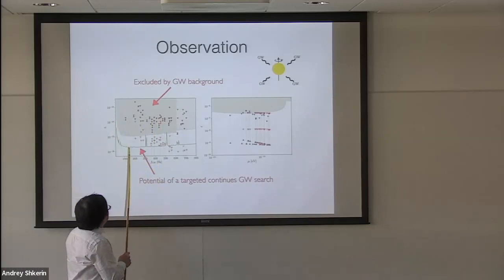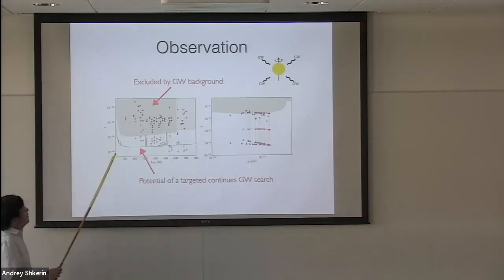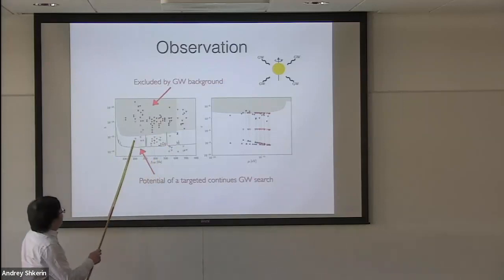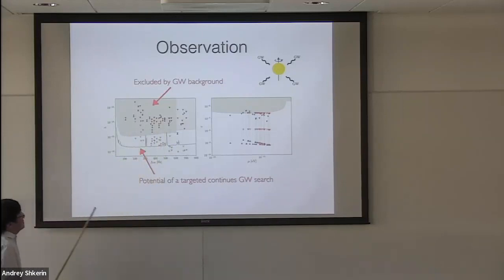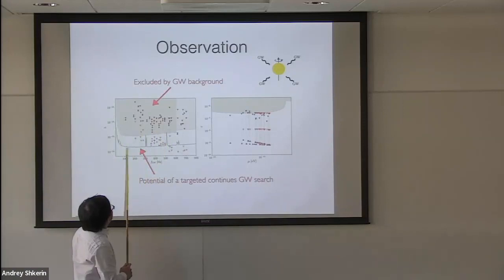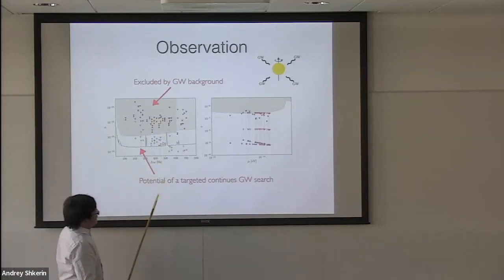This line marks the location where, if you do a dedicated continuous wave search, you can find these objects in gravitational waves. So you can see a dozen of these objects which can potentially show up if we do a dedicated search pointing at these pulsars. And that's very exciting.